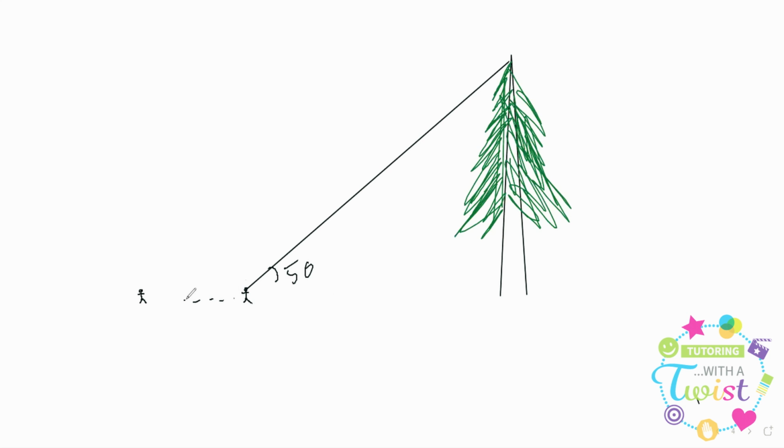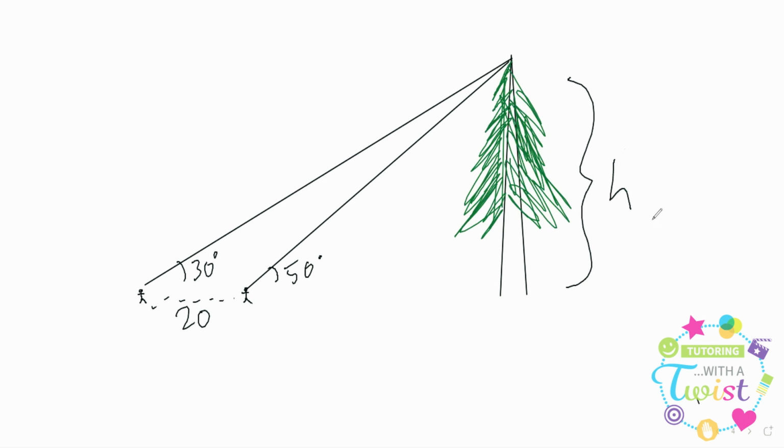You take, let's say, 20 steps back, for instance, and you have another look, but now you're only looking 30 degrees up. 50 degrees, 30 degrees. So here's the question: what is the height of this tree here? How can we find the overall height of the entire tree?